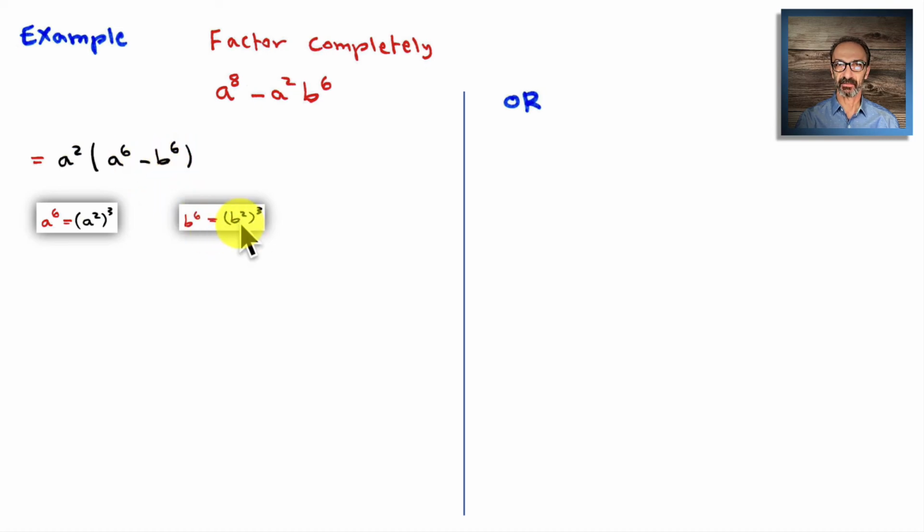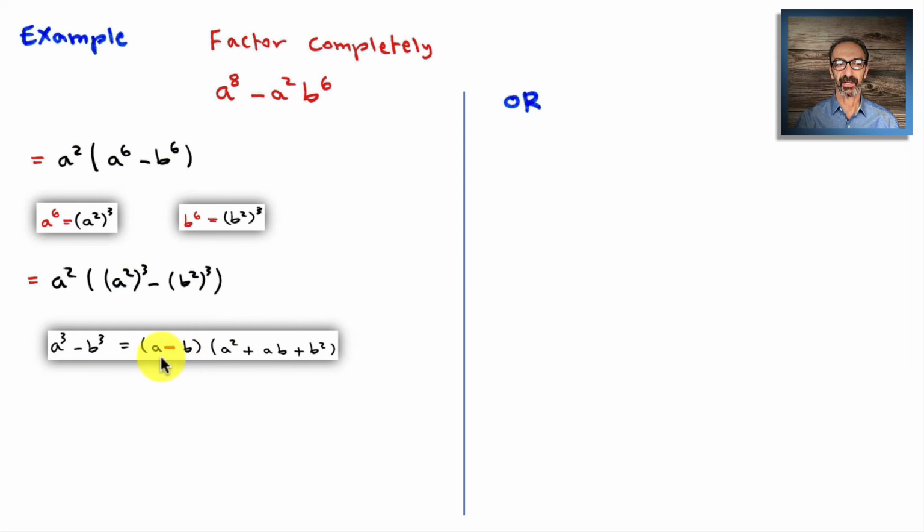B to the second times b to the second times b to the second. Same idea right there. Then I'll use the difference of two cubes. Now in this case, a squared will act like my a, and b squared will act like my b. So I have the formula, and minus in the first set, plus plus in the second set.